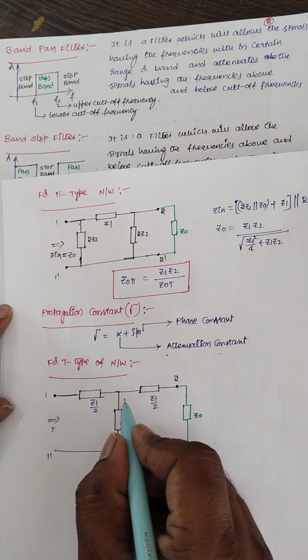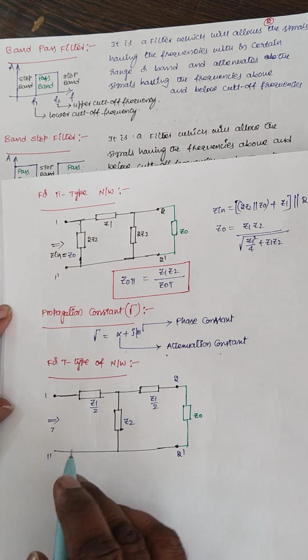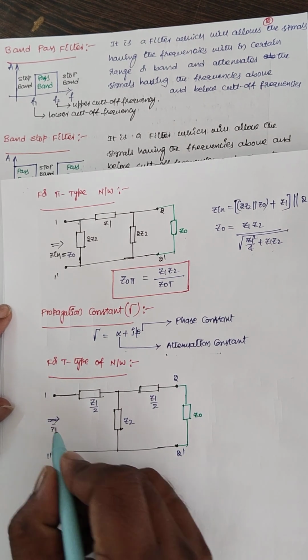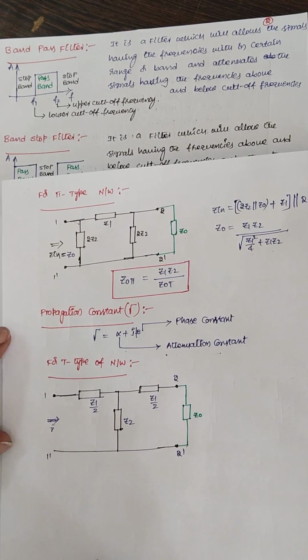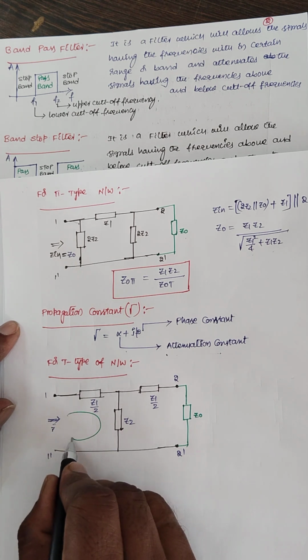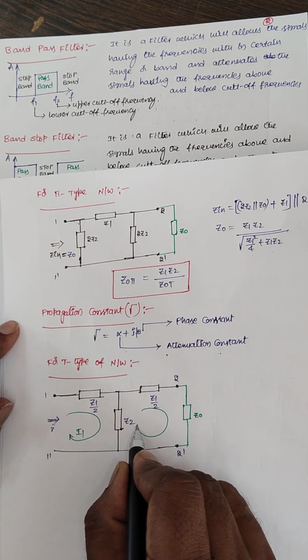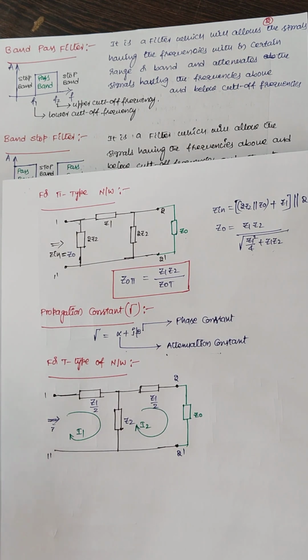What I need to find here is the propagation constant. So what is meant by propagation constant? How to find it? I am assuming the current circulating in this loop is I1, and the current circulating in this loop is I2.